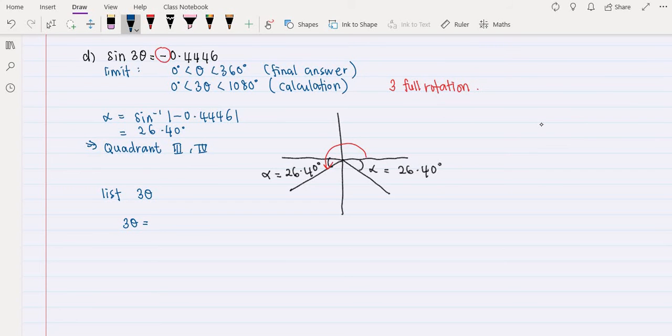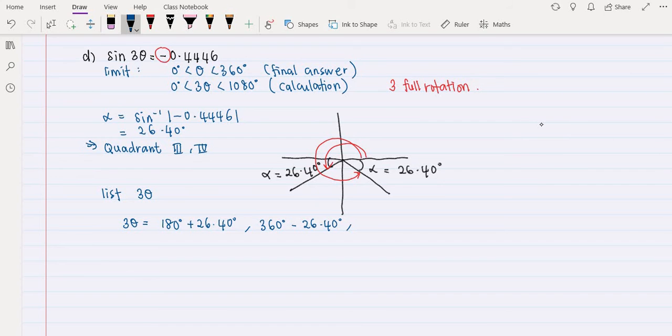That gives us 180 degrees plus 26.40 degrees. And then the second angle we will have from 0 degree to the angle in quadrant 4. So we will have 360 degree minus 26.40 degree. How do we find the other two rotation?